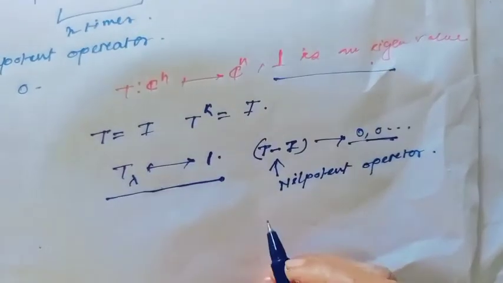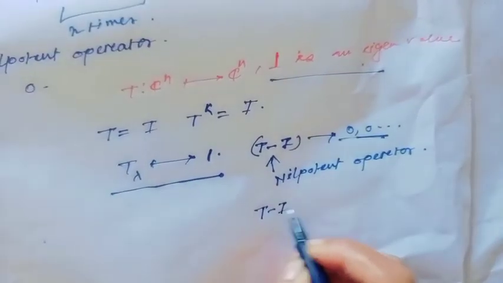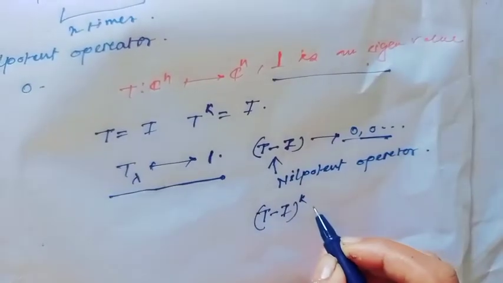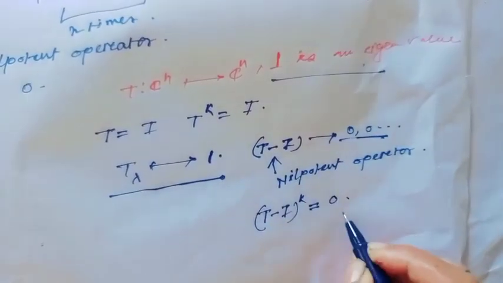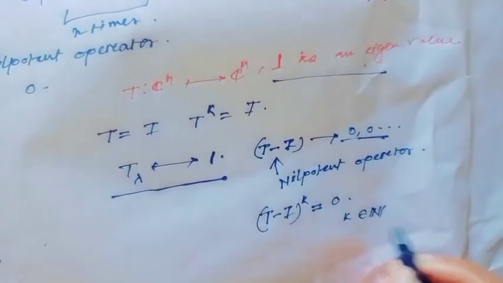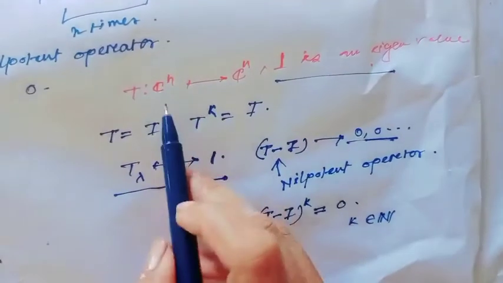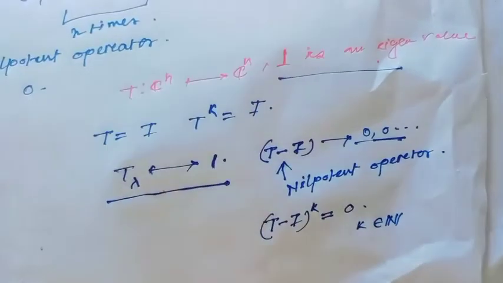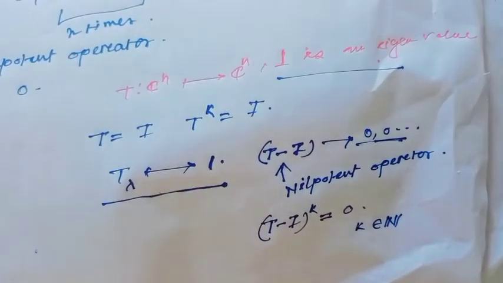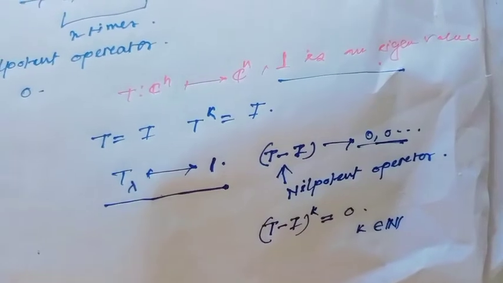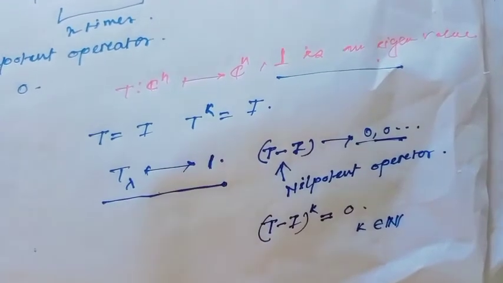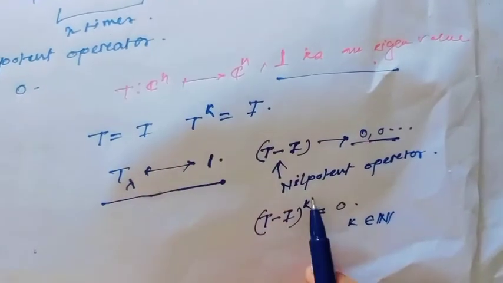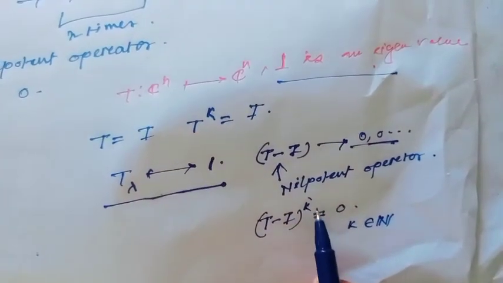So obviously (T minus identity) to the power k, where k is any index, would be the 0 operator, where k belongs to natural numbers. And k depends on the dimension of the domain space. Okay? So here this operator depends only on the index. That means I will get such a type of k.